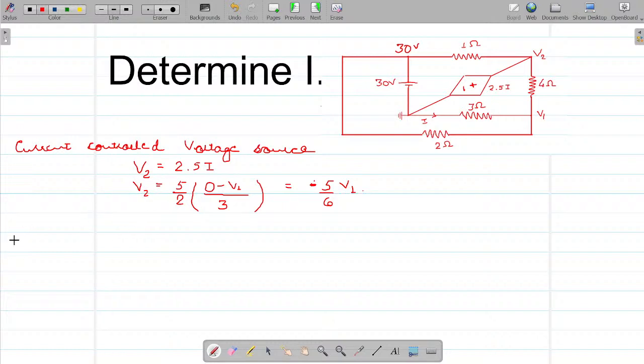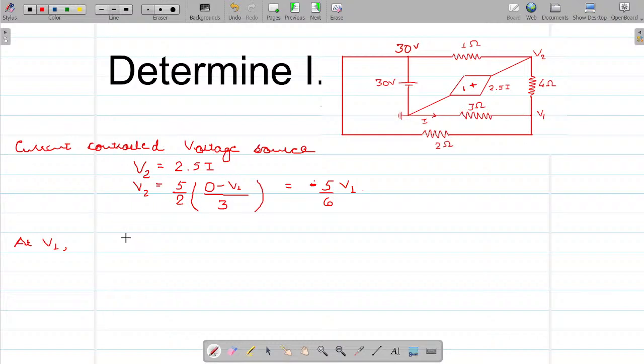Now apply KCL at node V1. See, we are assuming all currents to be outgoing. What are the three currents here? This is minus I1. This we'll find out and this we'll find out. Let's begin one by one.